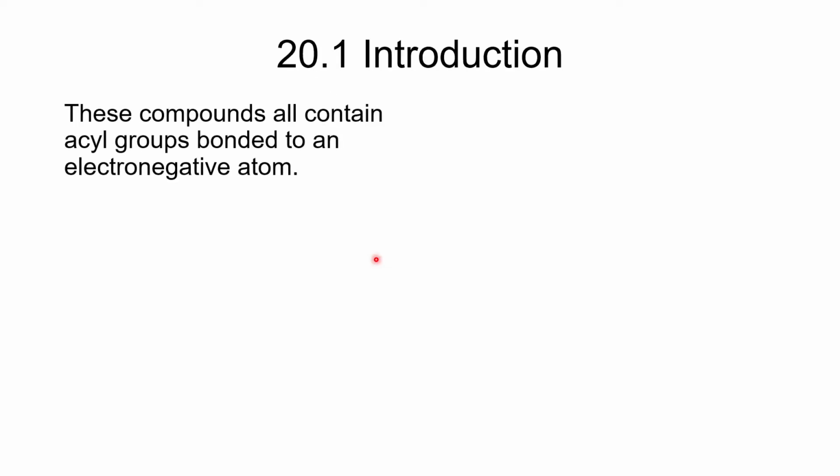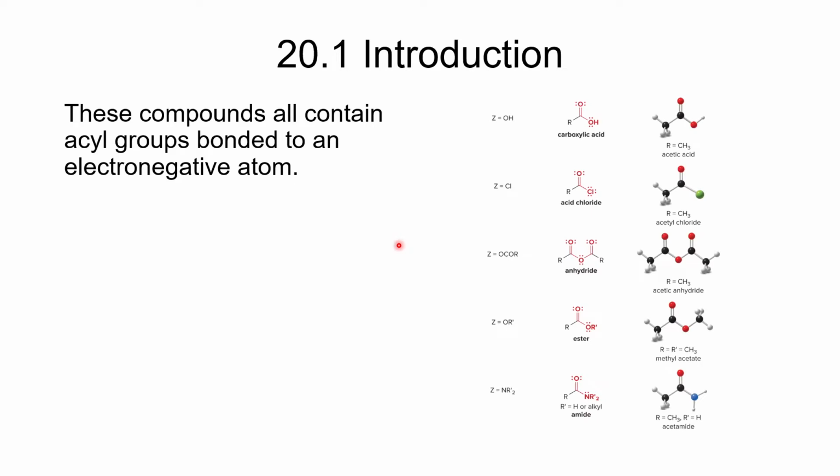And so what that entails is going to include these 5 different types of compounds. Carboxylic acids, of course, carboxylic acid chlorides, so these are the acid chlorides of carboxylic acids. That's where we replace the OH with a chloride.